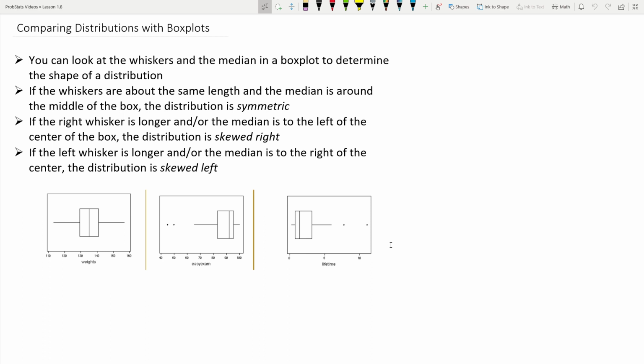So notice that when the median is to the left of the center of the box, it's actually skewed right. So it's kind of like the opposite of what you might think. And if the left whisker is longer, and if the median is to the right of the center, then it's skewed left. So if you look at the graphs below, the median is in the middle, the whiskers are about the same length, so this right here is symmetric, or at least roughly so.